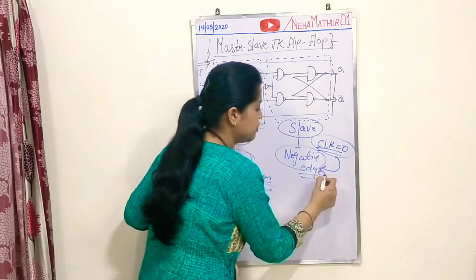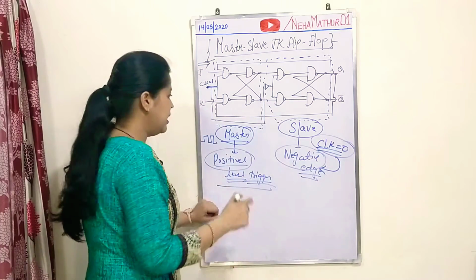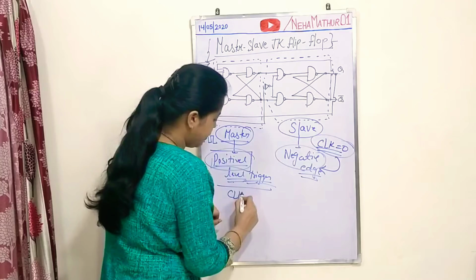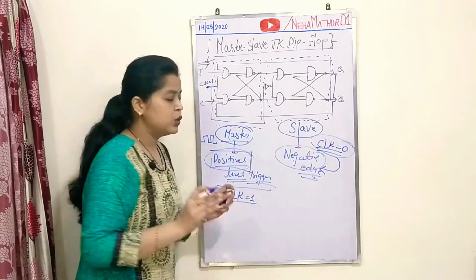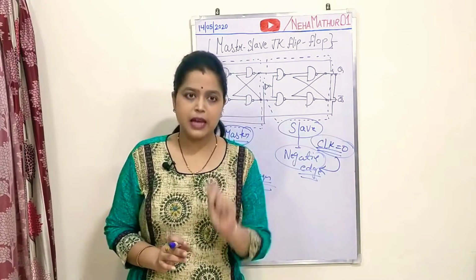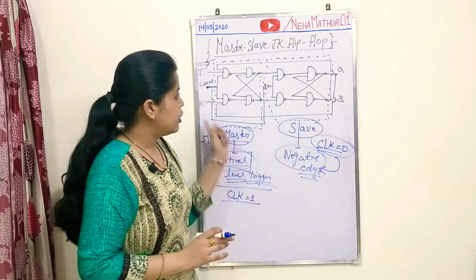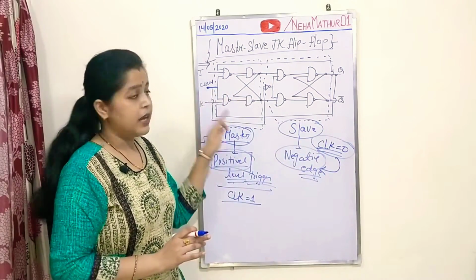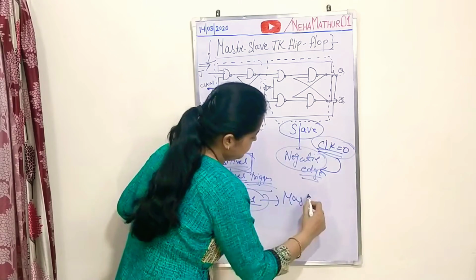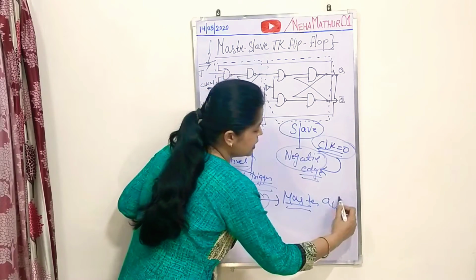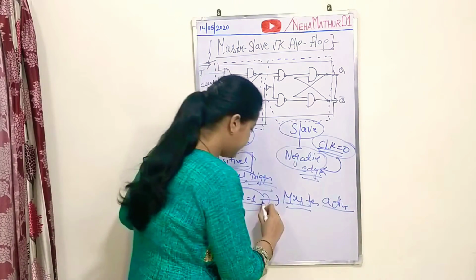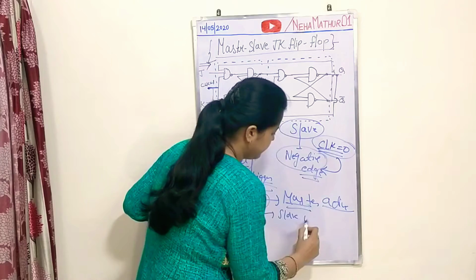That's why it is said to be negative edge triggering, while your front circuit is operated with positive level triggering, that means whenever your clock is 1. So you can conclude in just one statement that in the complete circuit, the master will be active for clock equal to 1. Master will be active, that means the front circuit, while for clock equal to 1 your slave will be inactive.